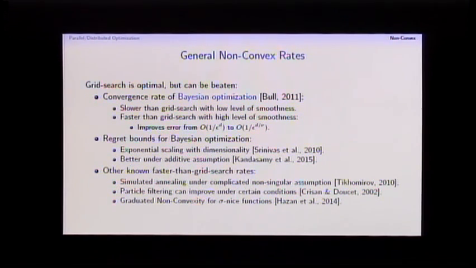It's very similar to genetic algorithms, and you can show that under certain conditions they improve the rate. There was this paper which I completely did not understand, but it seems to indicate that simulated annealing is faster under some very complicated assumption. And then there's this much more recent and easy-to-understand paper, where they define the class of sigma nice functions, and show that something like simulated annealing also works better for that class of functions.